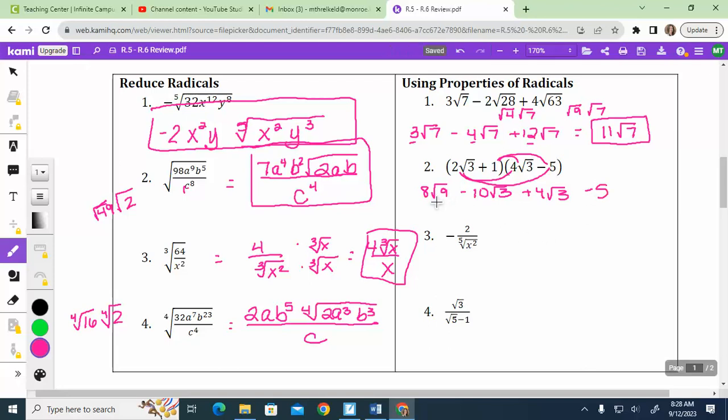Okay, square root of 9 is 3, so that's 8 times 3. Negative 10 radical 3 plus 4 radical 3. We still have the minus 5, so then 24 minus 5 is 19. Minus 6 radical 3.